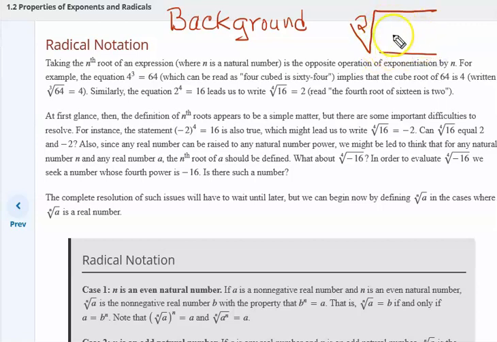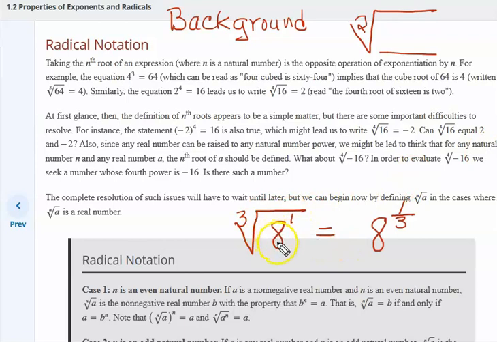Now this is radical form. It also relates to exponential form. Let me give you an example down here, and this is what they're talking about. So if I have the square root, or let's say the cube root of 8, this would be its radical form. Well, this can be converted to exponential form.